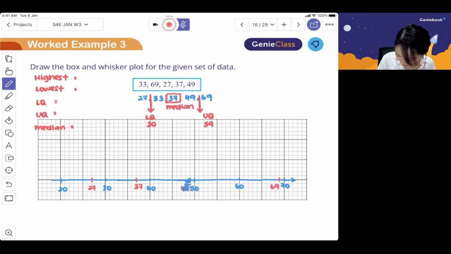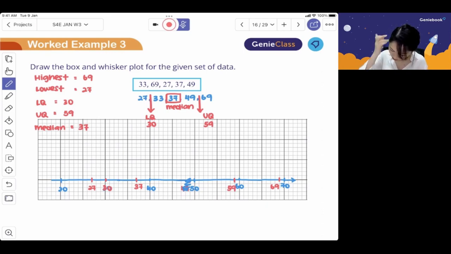So highest value 69, lowest value 27, lower quartile 30, upper quartile 59, and median 37. These are the five values we will actually need. So 27, 37, 30 over here, 59 over here, and 69.